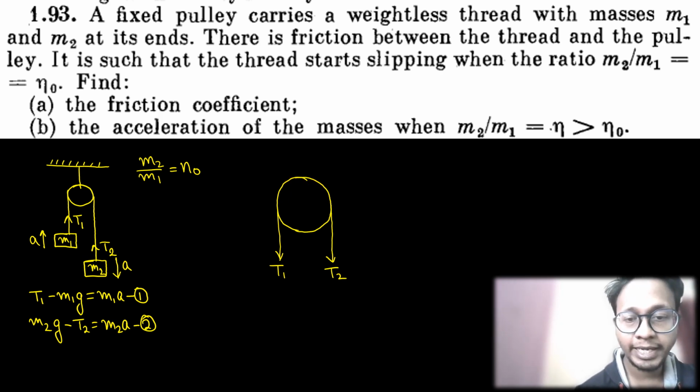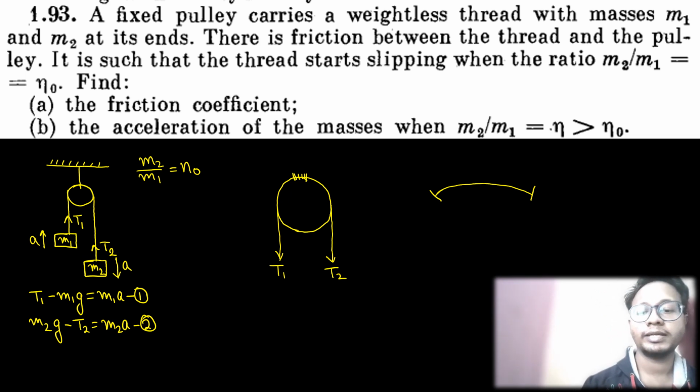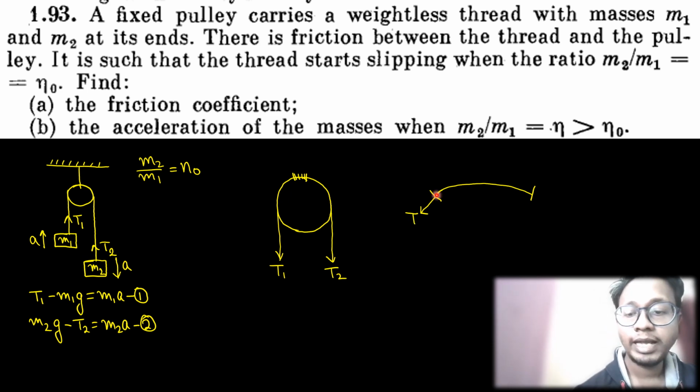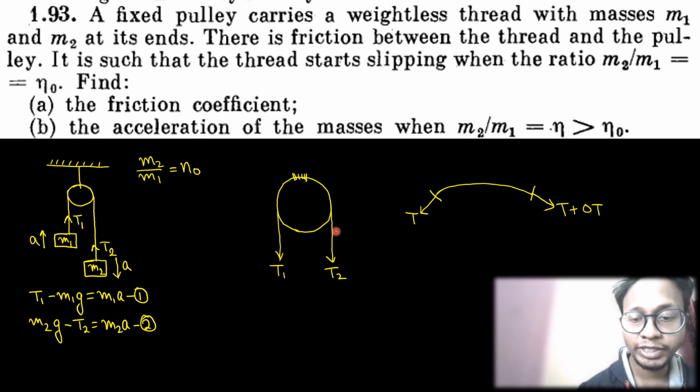So if I take an elemental mass out here and draw it, this is the elemental mass. I do know that this side there will be some tension, and some additional amount of tension will be on this side, T plus delta T, and this additional amount of tension is causing the difference between T2 and T1.